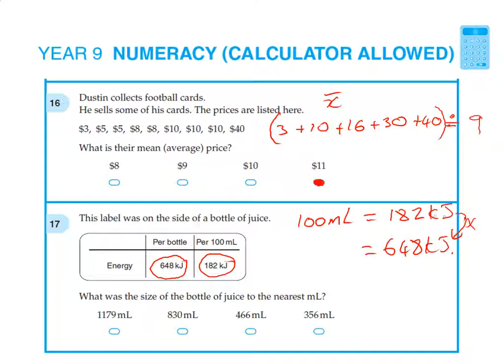So from 182 to 648, you will have to times 3.56. Because I times 3.56 on the right here, I need to times 3.56 on the left as well. Okay? So if you do that, your answer should be 356 milliliters. So that's your answer.